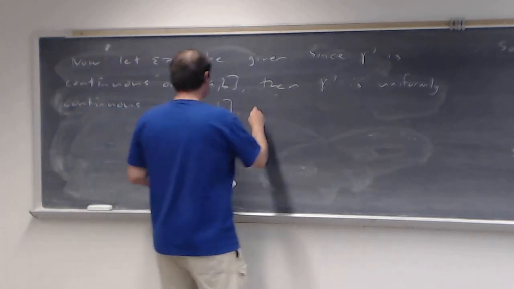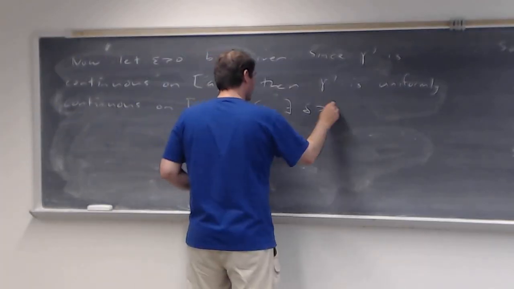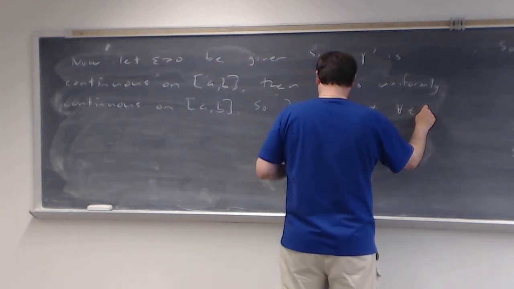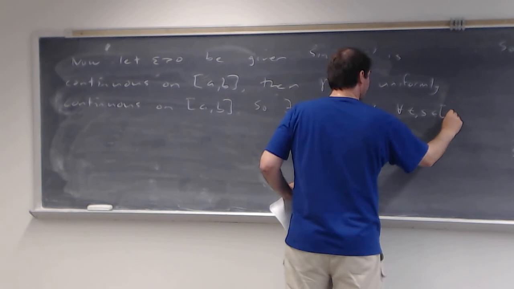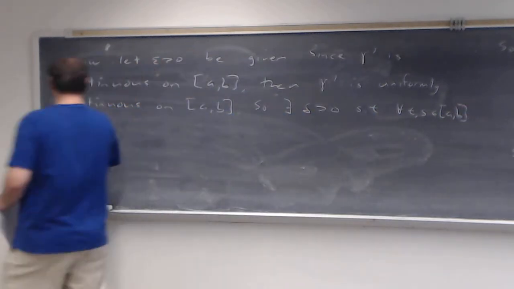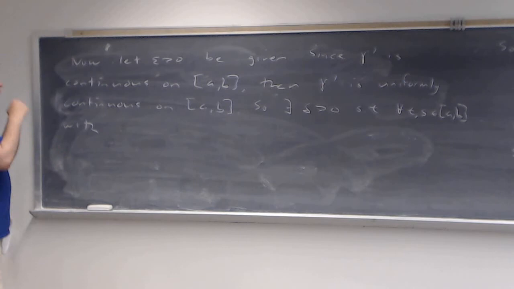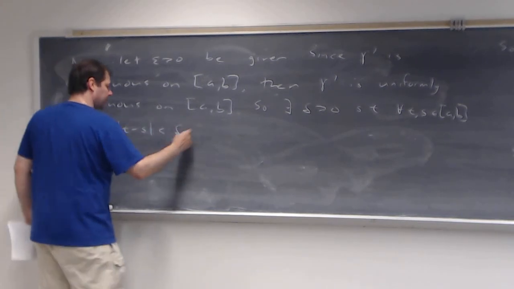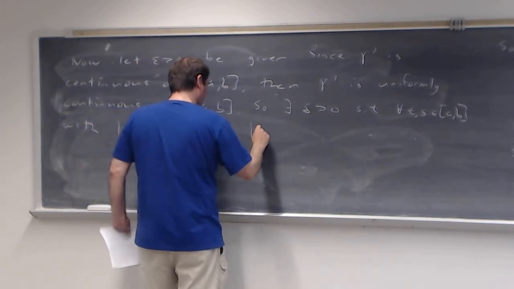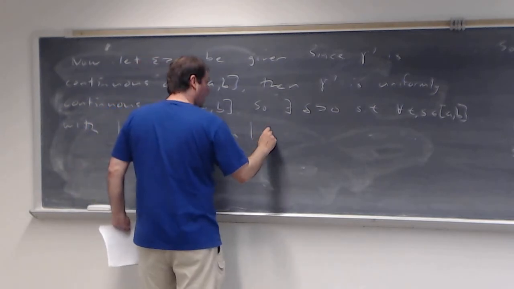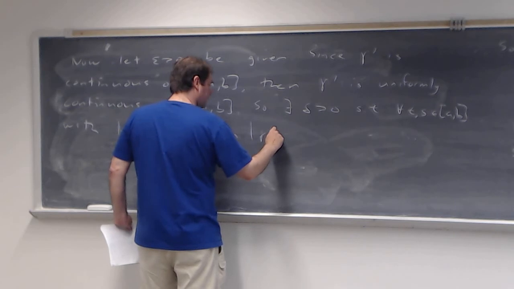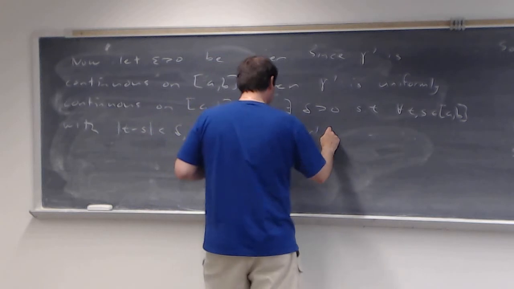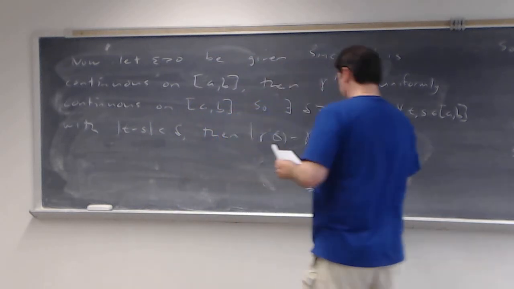So that means that there exists a delta greater than 0 such that for all t and s elements from [a, b] with absolute value t minus s being less than delta, then the norm of gamma prime of s minus gamma prime of t will be less than epsilon.